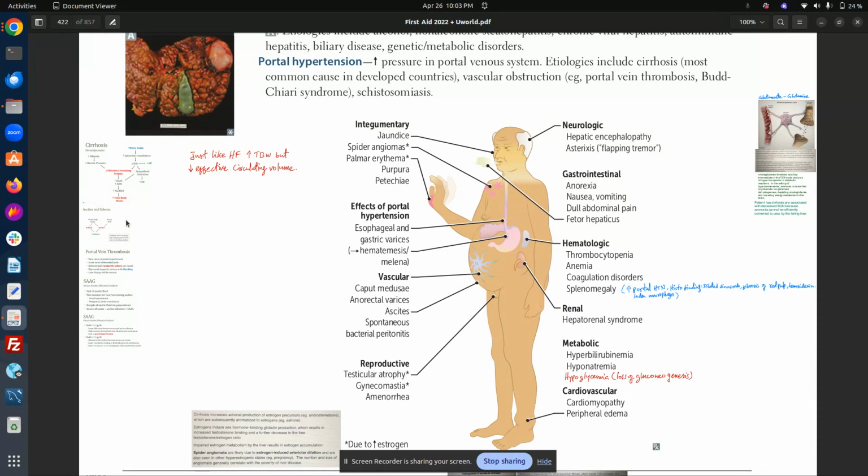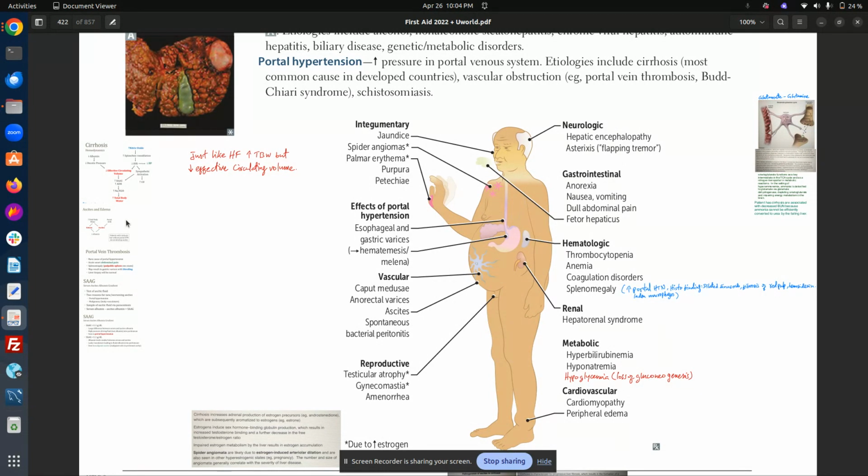Okay, so let's talk about synthetic dysfunction in the liver. When the liver is not functioning, I have already talked about the decreased production of albumin. Okay, there will be decreased production of coagulation factors 2, 7, 9, 10. Whenever there is decreased production of factors 2, 7, 9, 10, it leads to increased prothrombin time, or PT, and INR.